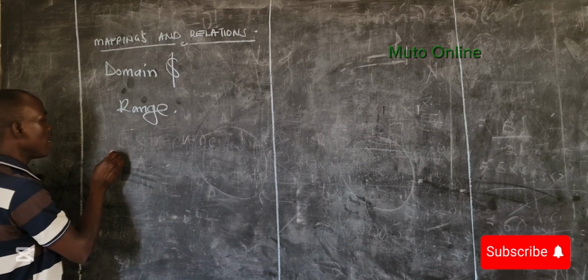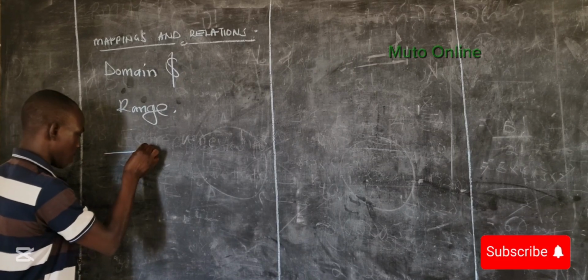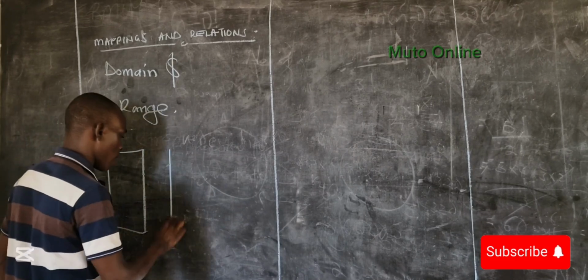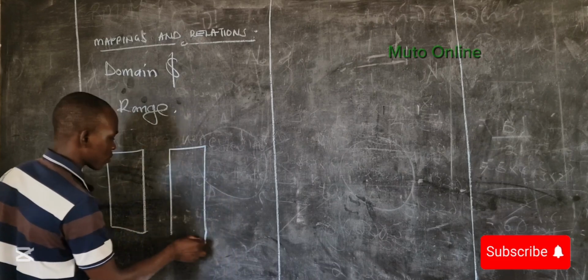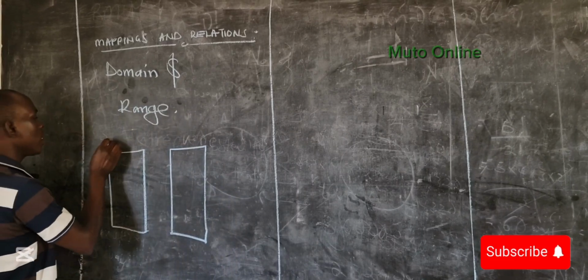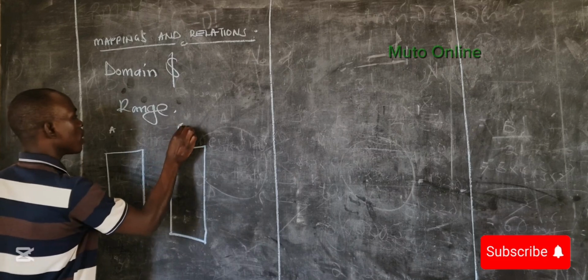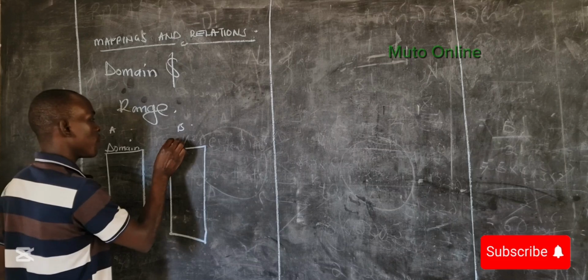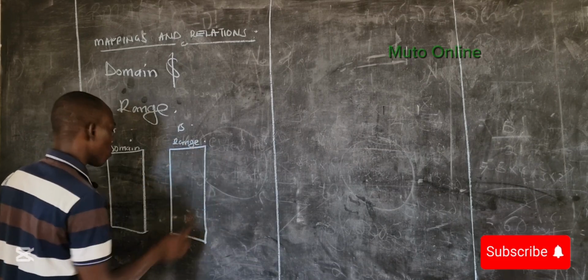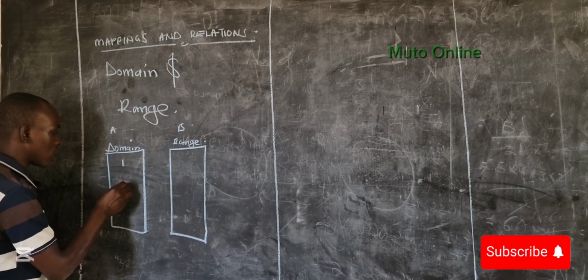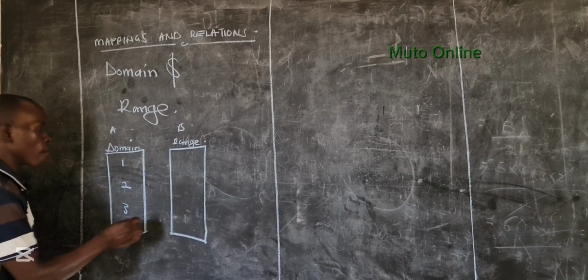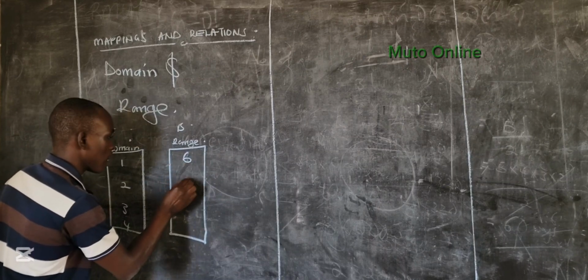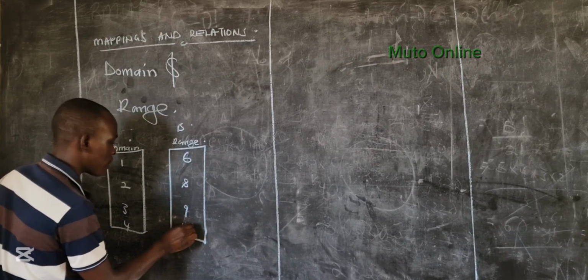If I have set A being related to set B as follows, if I have two sets, this is my set A, and then this is my set B. Now my set A will become the domain, which will give me the range on the other side of set B. So if I have values 1, 2, 3, maybe 4, and this side I can have 6, I can have 8, I can have 9, I can have 10.